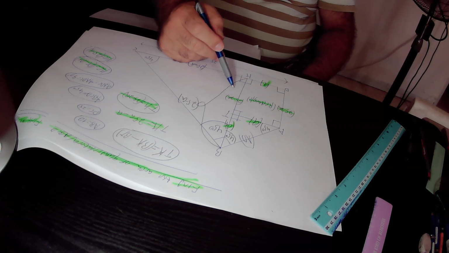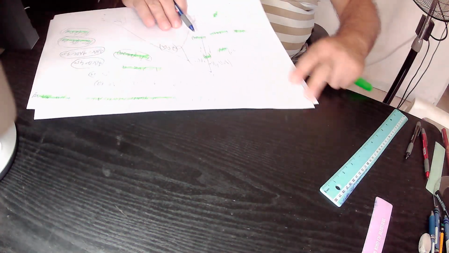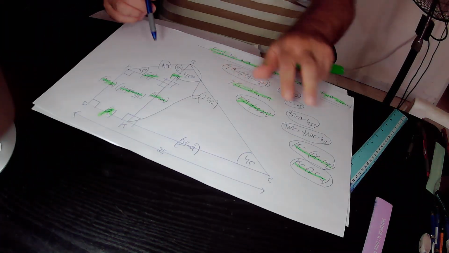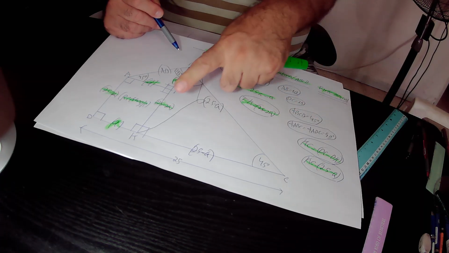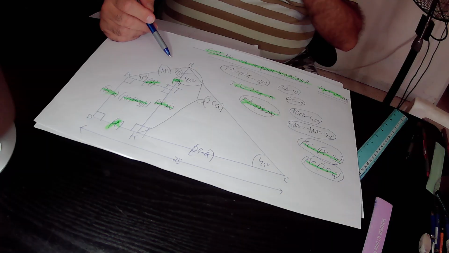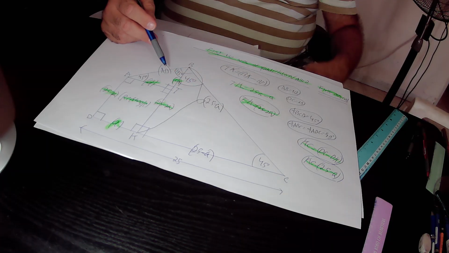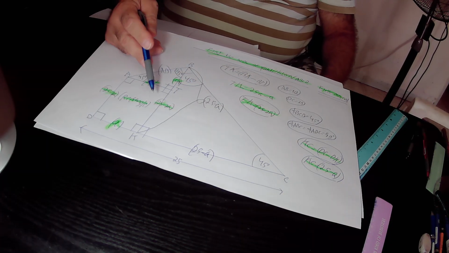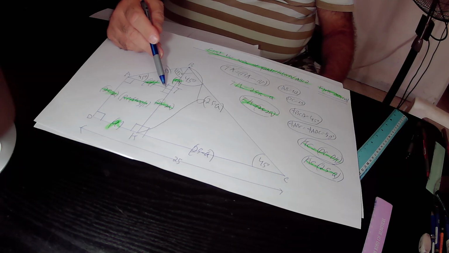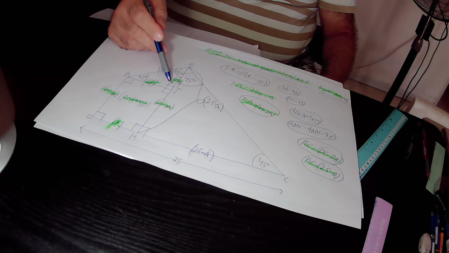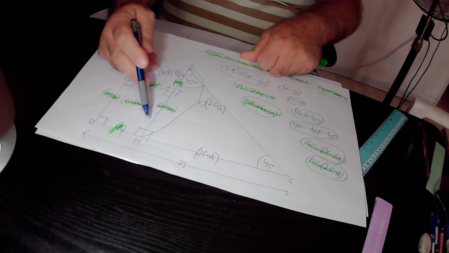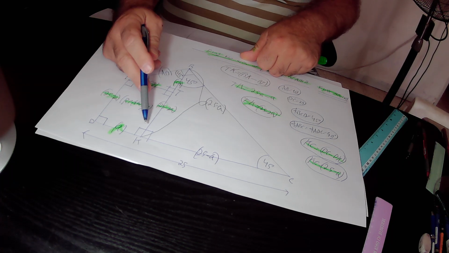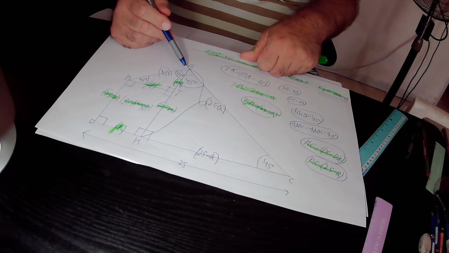But TK is part of the straight line BK. Why is BK a straight line? Because angle BTK equals 90 degrees plus 90 degrees, that is 180 degrees. And any angle that is equal to 180 degrees in size is defined as a straight line. So BK is a straight line, and TK is part of the straight line BK.